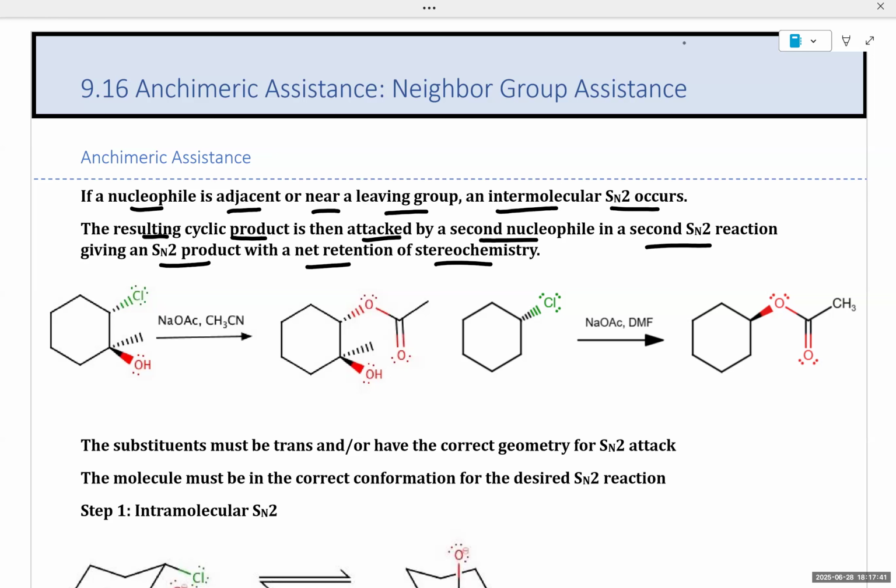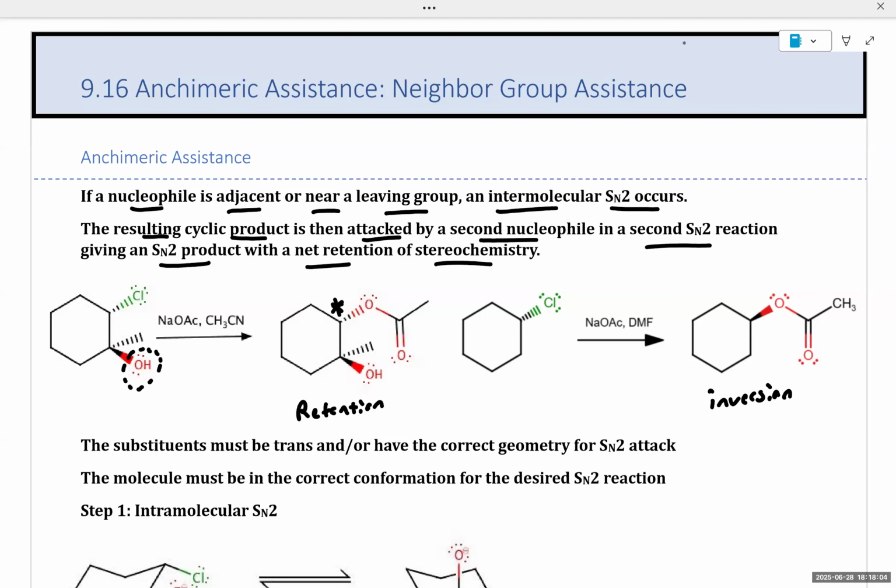So the classic example of anchimeric assistance is if you take this alkyl halide and treat it with sodium acetate, you get clean inversion. If you try this same reaction on a substrate with an internal alcohol, instead you observe retention of configuration.